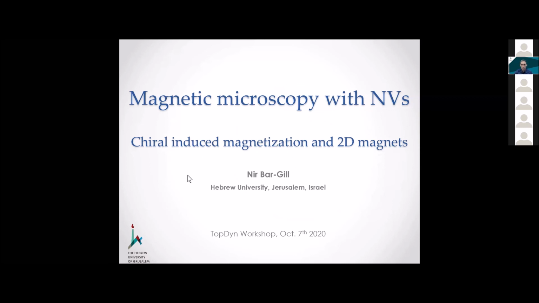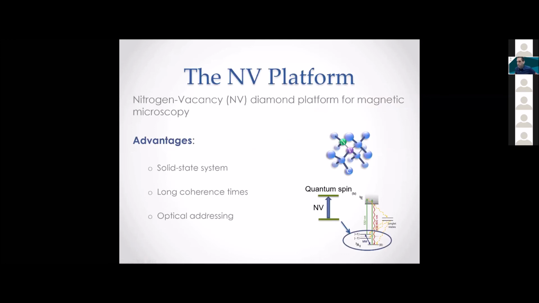I'd like to describe our work using a diamond-based magnetic microscope to study magnetic materials, and particularly chiral-induced magnetization and Van-der-Waals magnets. So I'll start with a brief intro into the NV system for those of you who are less familiar.